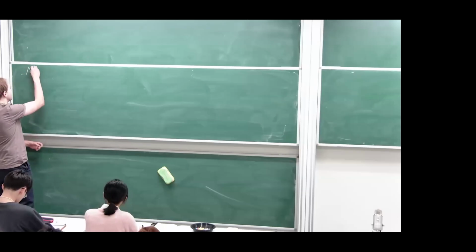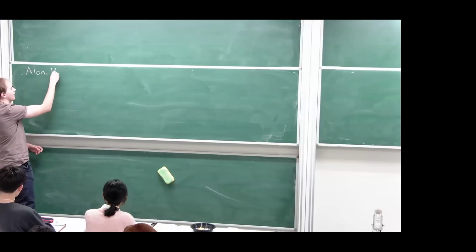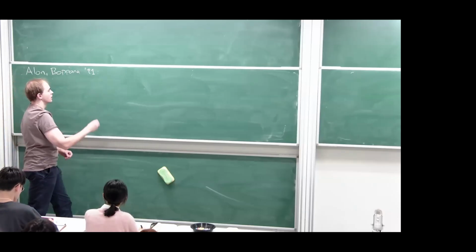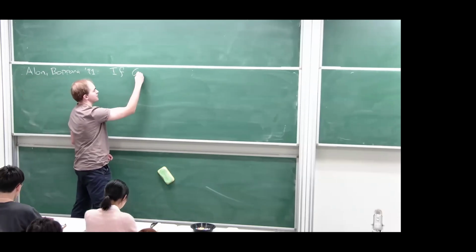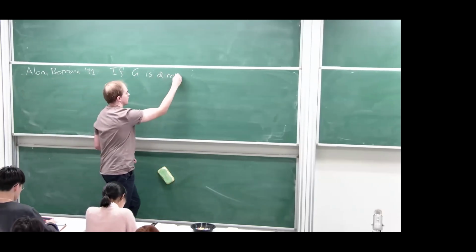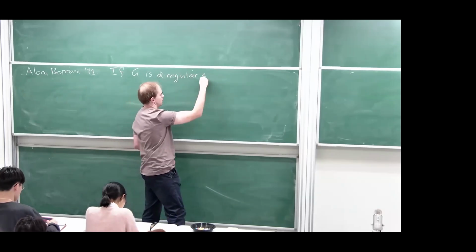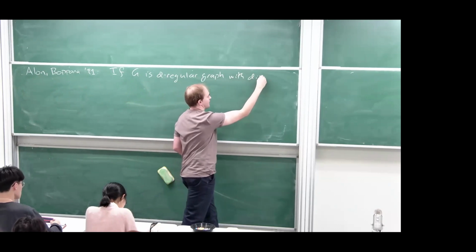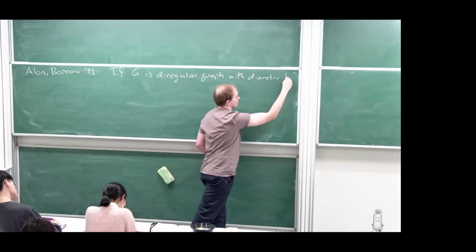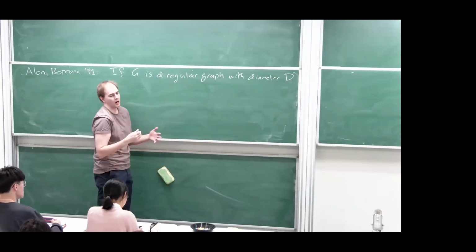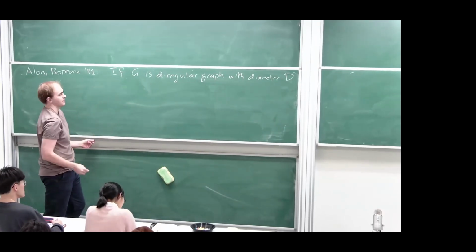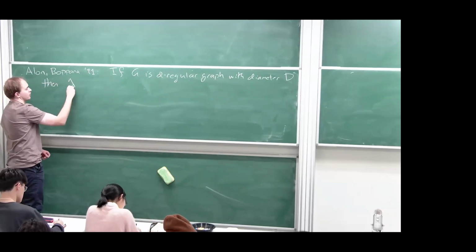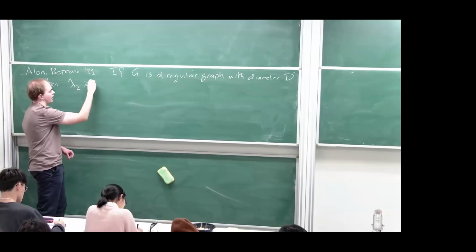So this was addressed in the early 1990s by Alon and Boppana, who proved that if G is a d-regular graph with diameter capital D, meaning there are two vertices distance capital D apart from each other, then lambda 2 has to be fairly large.